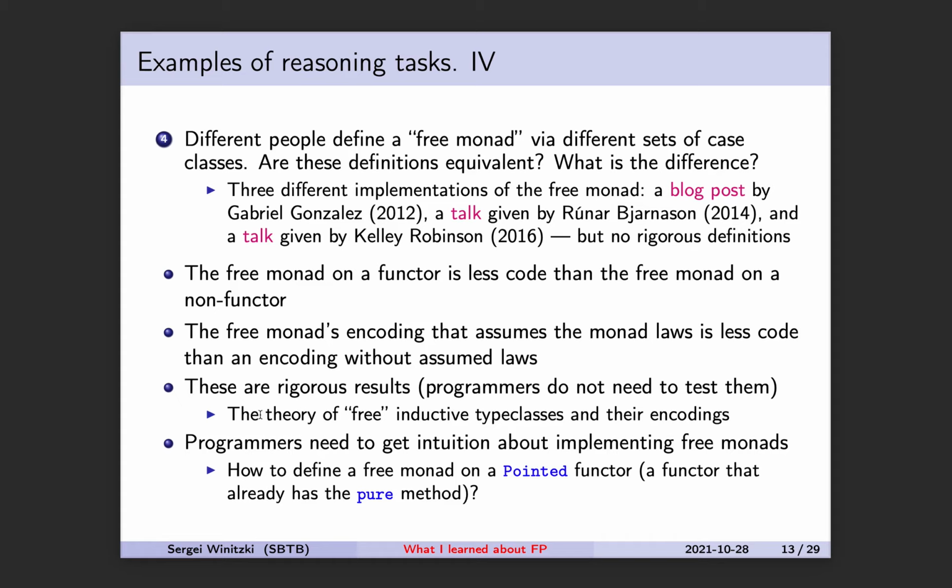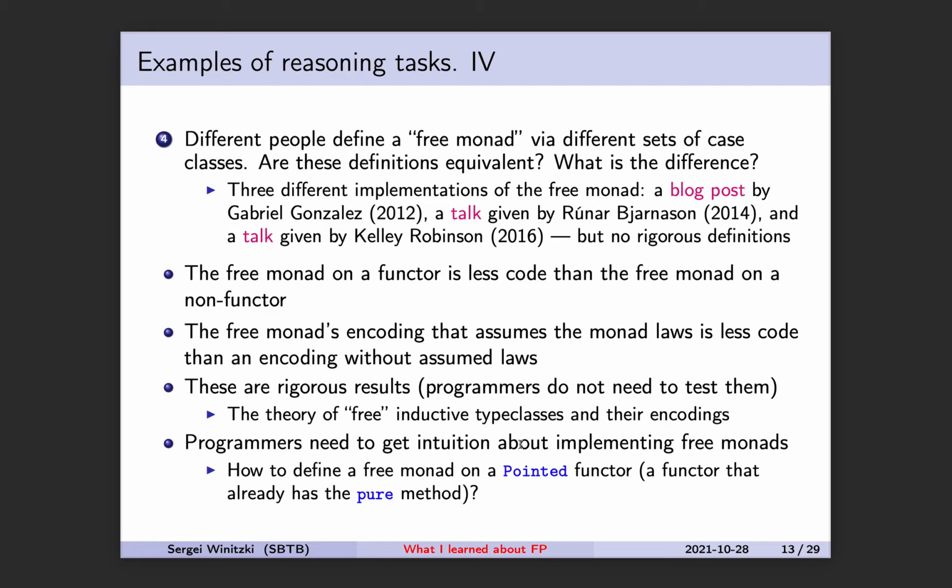And there's a theory of how to implement free inductive type classes. Free functor, free applicative, free contravariant functor, whatever other inductive type class you have. And if you study this theory, you will know how to do this in different cases. And that's what you could study.